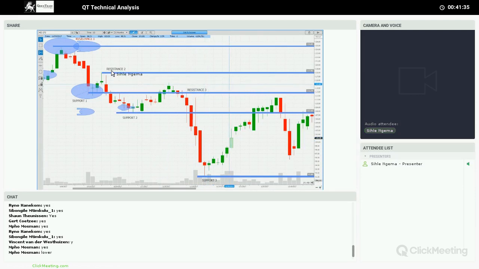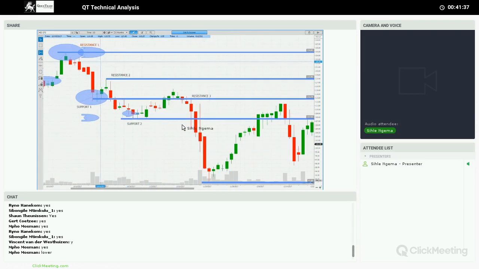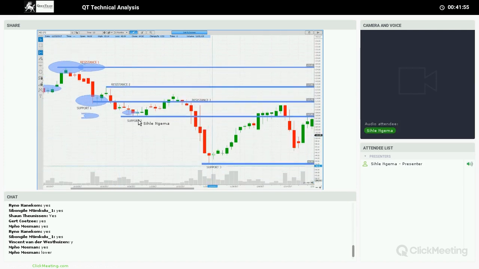Now, as you can see right there, my trend is structured as a downward trend. Resistance 1 is higher, resistance 2 is lower than resistance 1. Resistance 3, which is now support 1, is lower than resistance 2, and support 3 is lower than support 2.